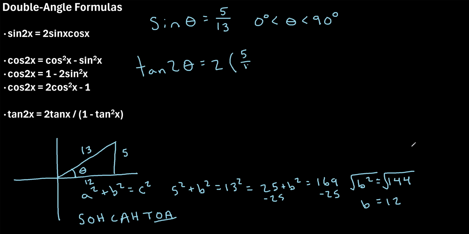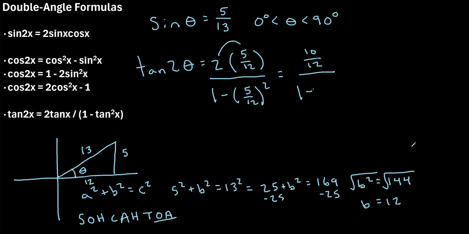So 2 times 5/12, and that will be over 1 minus 5/12 squared. So in the numerator we have 2 times 5, so that's 10/12. And in the denominator we have, this is 5 squared, so that's 25, over 12 squared is 144, so 144.